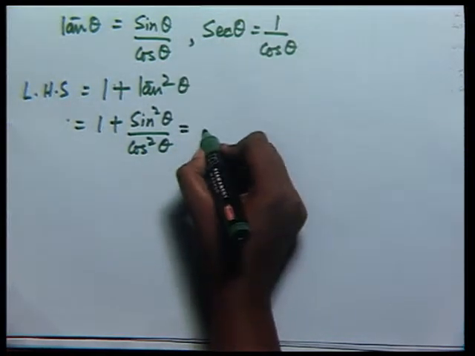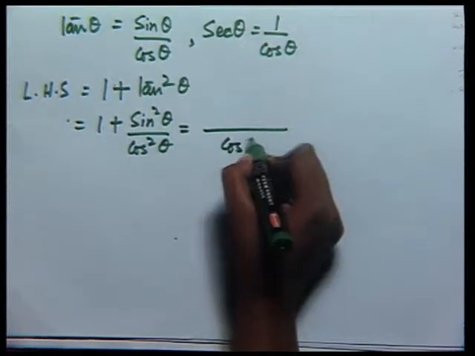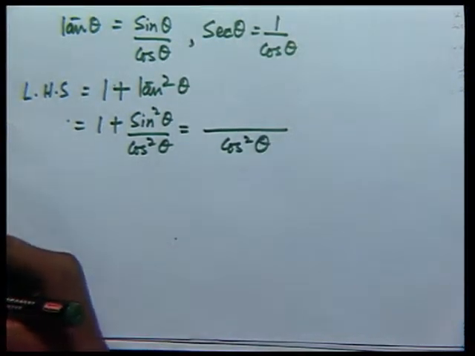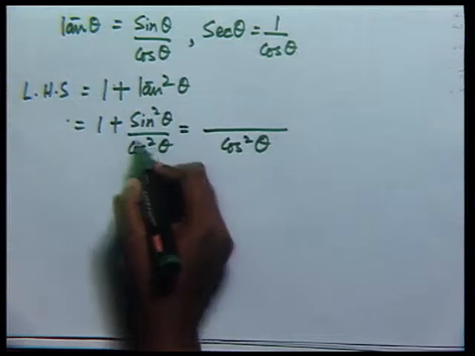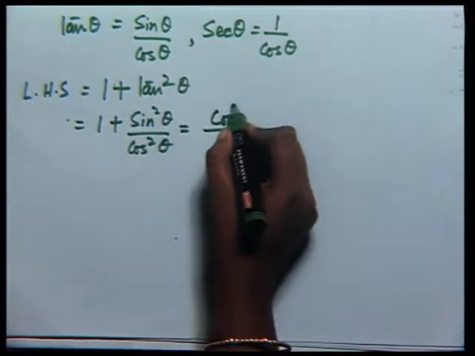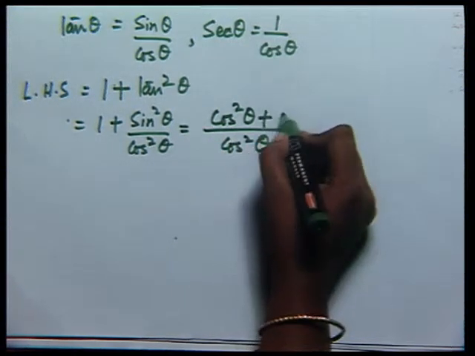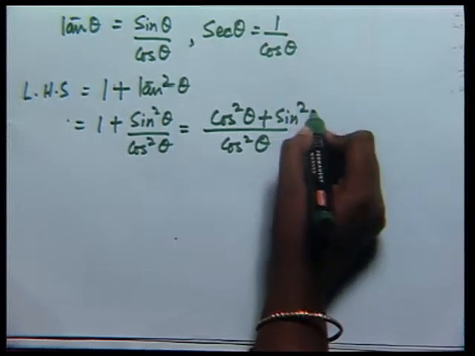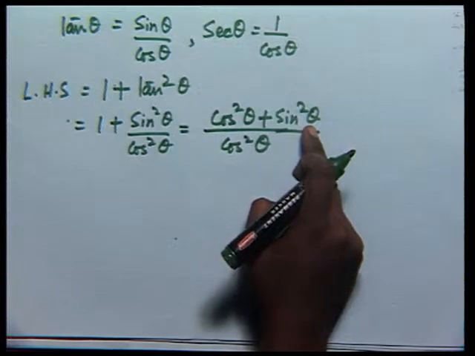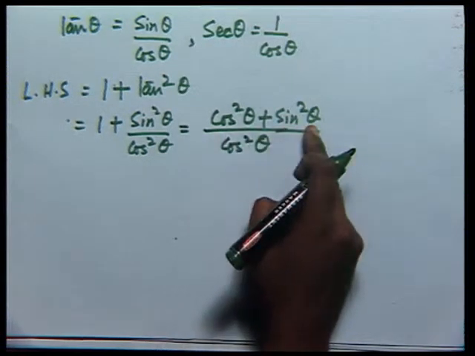This is equal to, I can take cos square theta as the LCM, and this becomes cos square theta plus sin square theta. But just now we have proved that sin square theta plus cos square theta is equal to 1. So, we can use that identity here and replace this cos square theta plus sin square theta by 1.